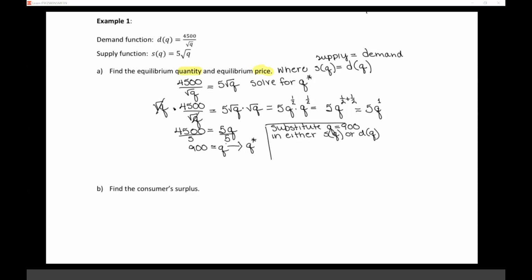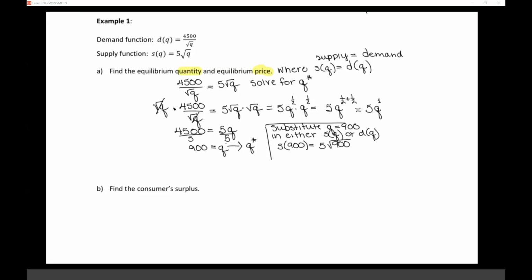Because again, at equilibrium quantity, both of those equations are going to yield the same price for the product. That's what equilibrium means. Okay, so I'm going to choose what I think is the easier one, which is S of Q equals 5 times the square root of Q, and I'm going to put in 900 there. S of 900 equals 5 times the square root of 900.